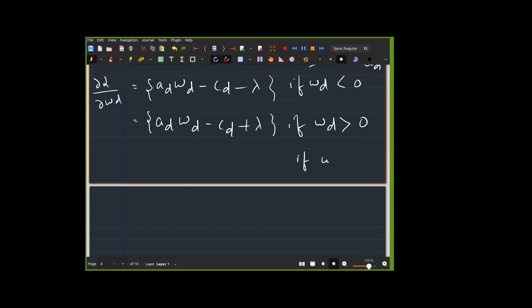But if WD is equal to 0, then the gradient is in a range. So it will be minus CD minus lambda to minus CD plus lambda. So this is a range, and obviously it is because WD equals 0, so the first term goes away and the second term has a range because of that subgradient idea: at this non-differentiable point, all these values are possible. So we have a range of gradients.